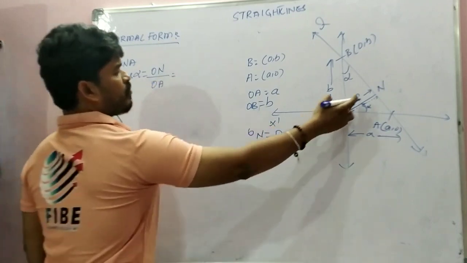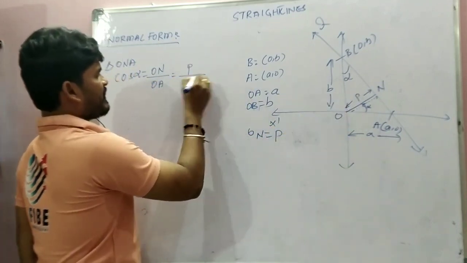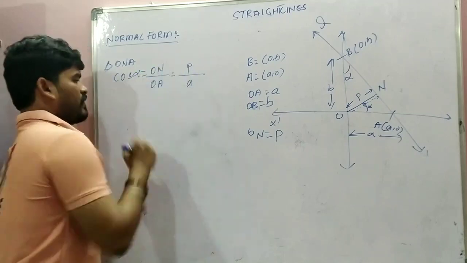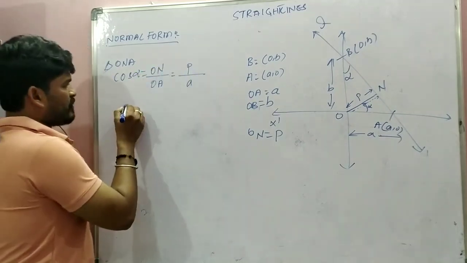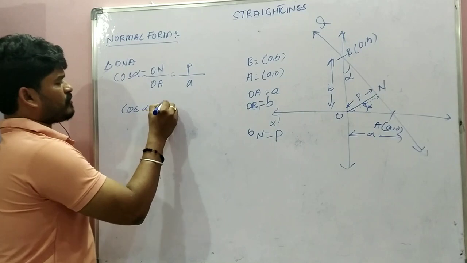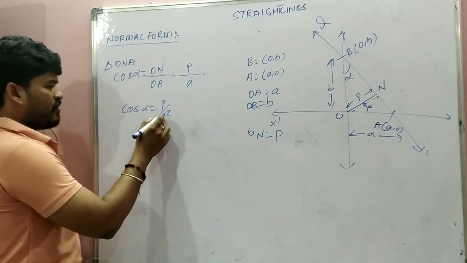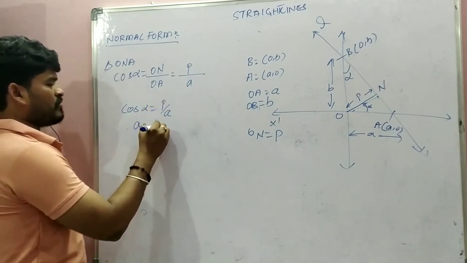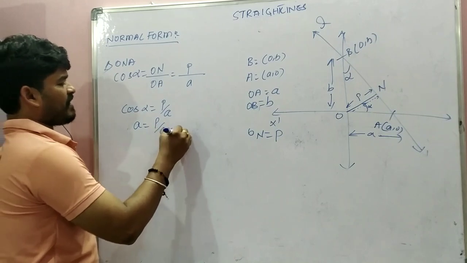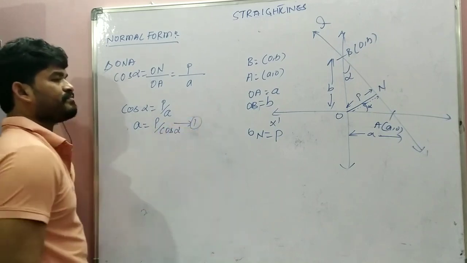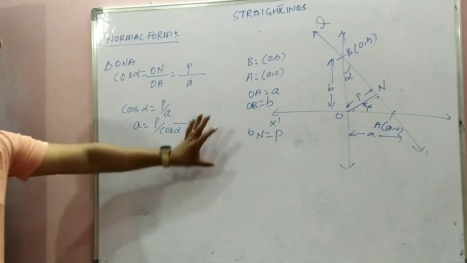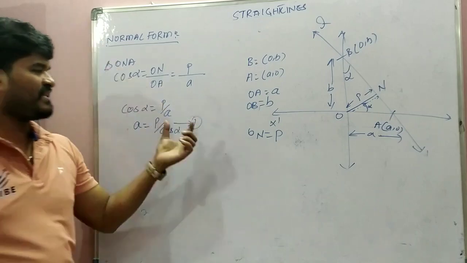ON is p, and OA is a. Therefore cos alpha equals p by a. Transposing, a equals p by cos alpha. This is equation 1.